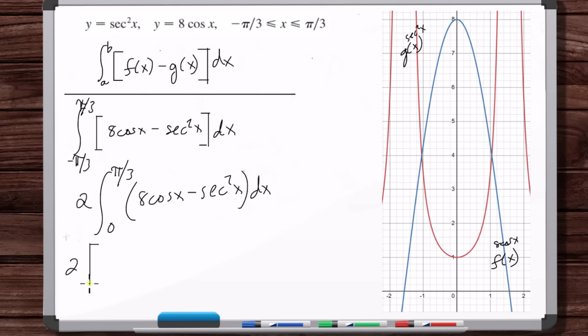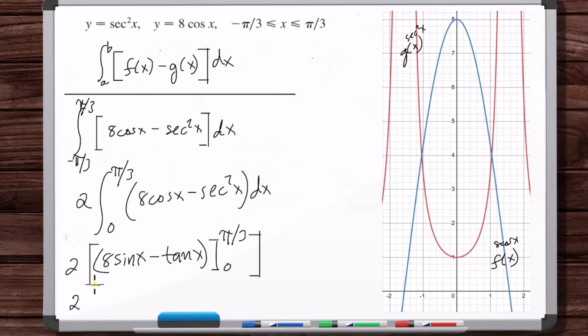So, all right, 8 sine of x minus tangent of x. That's the antiderivative. Take the derivative and you get 8 cosine of x minus secant squared of x.